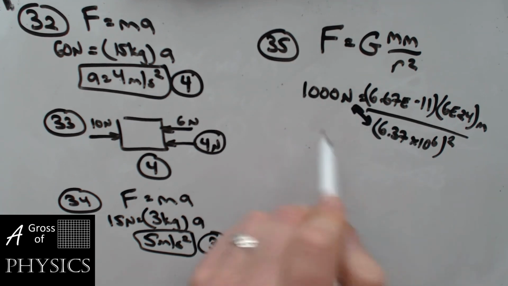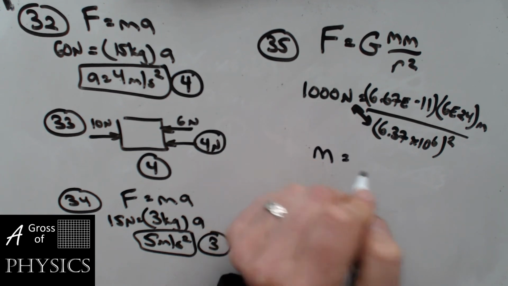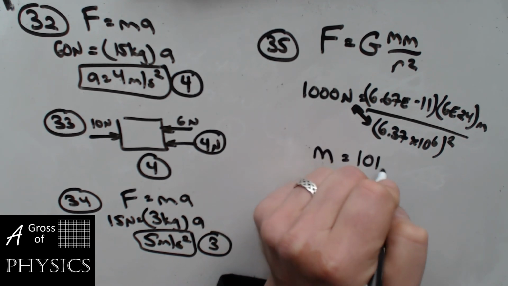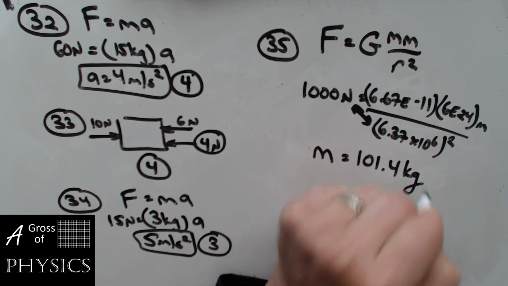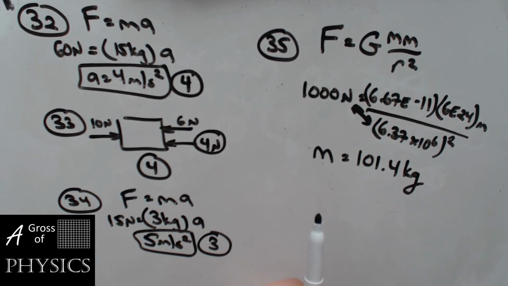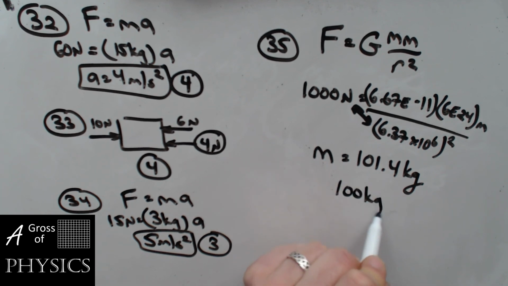And then I divide that answer by big G, 6.67 e negative 11. And then I divide again by the mass of the Earth, 6e24. And the mass is 101.4 kilograms. So which one's closest? 100, which is choice 3.